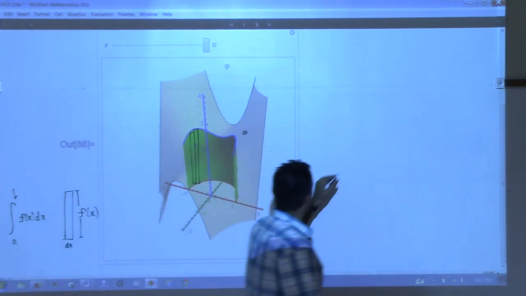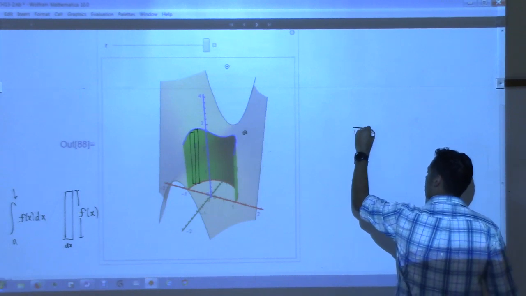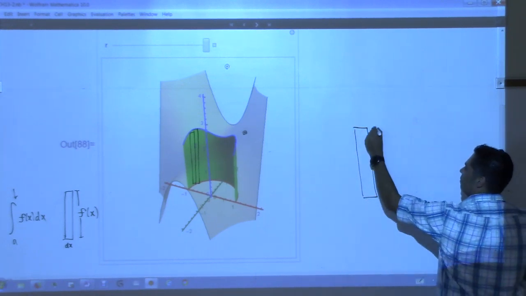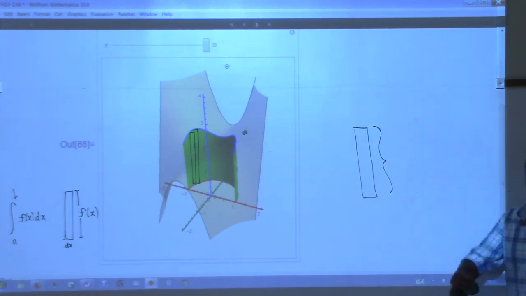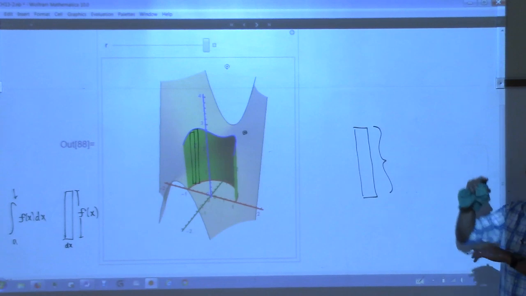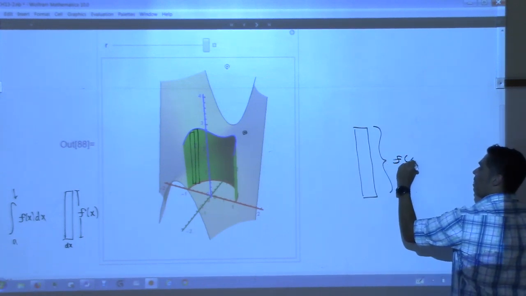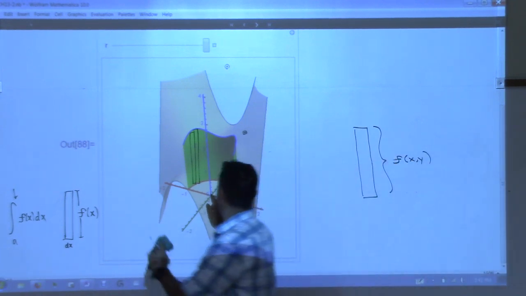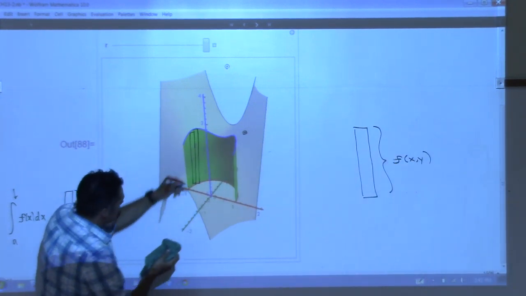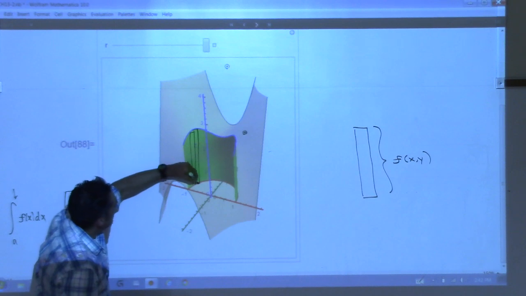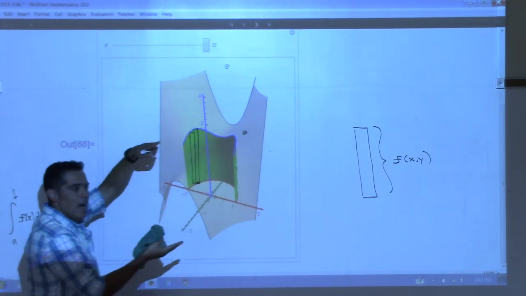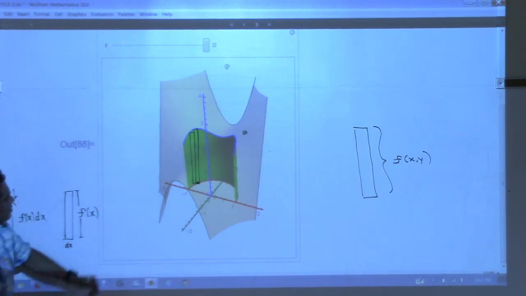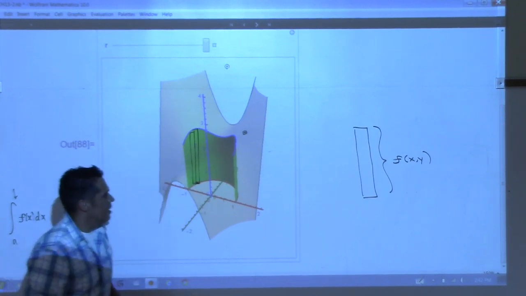So each rectangle, how tall will it be? Well, it's still the function's height, right? The function's value will be our height, but our function is a surface. So this will be f of x y, right? You give me the x coordinate and the y coordinate, and that'll give me some point in here. And then I plug that into the surface, and that'll give me the height of the function. The question becomes, how wide is this thing, though?